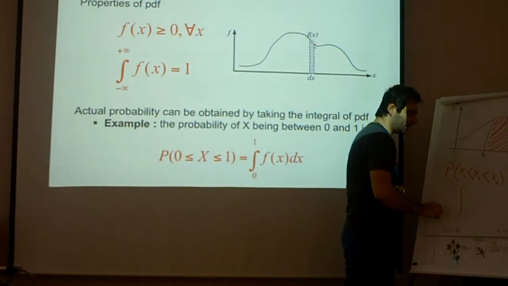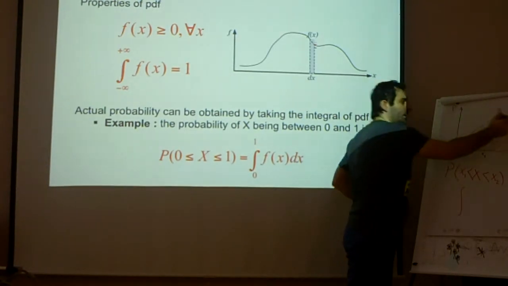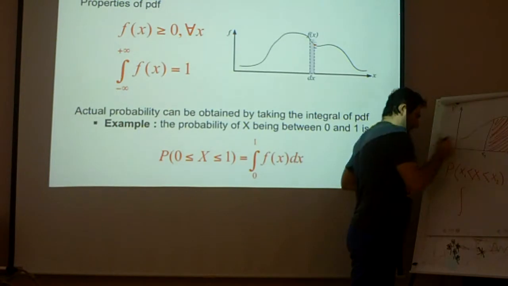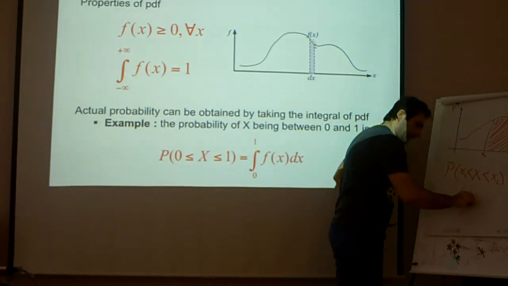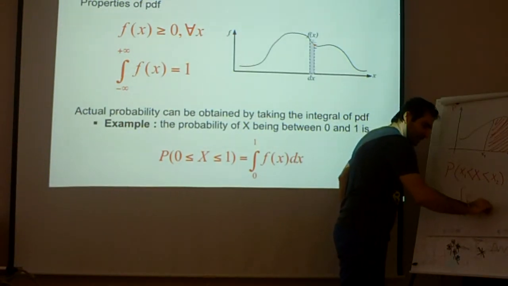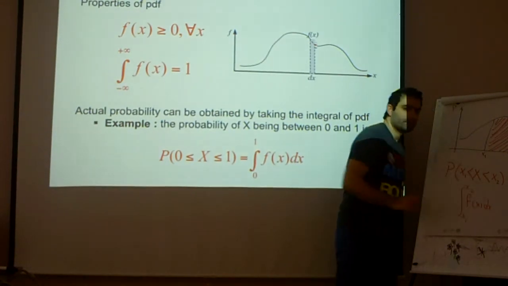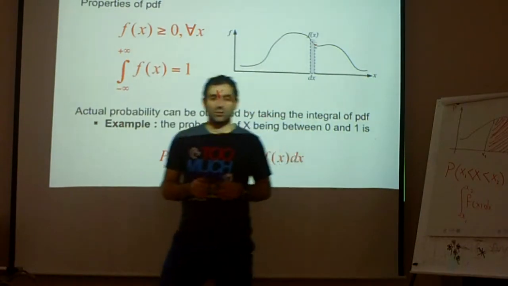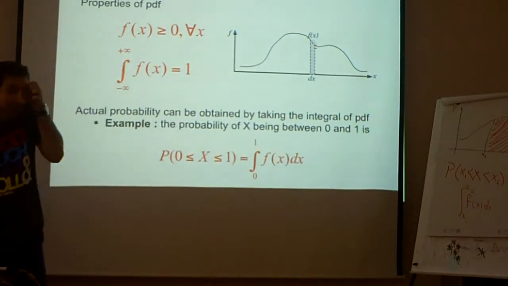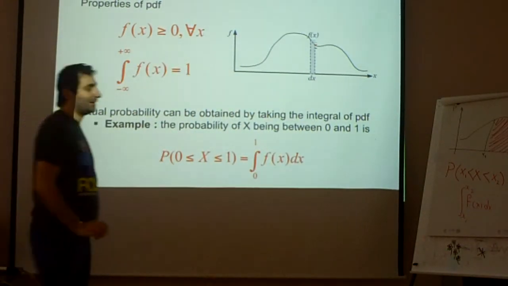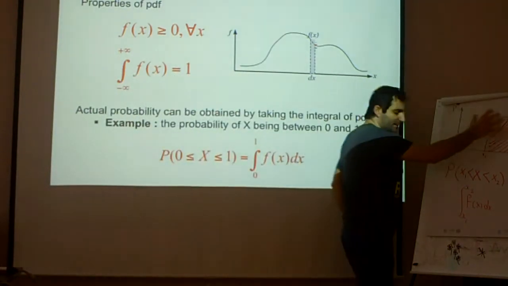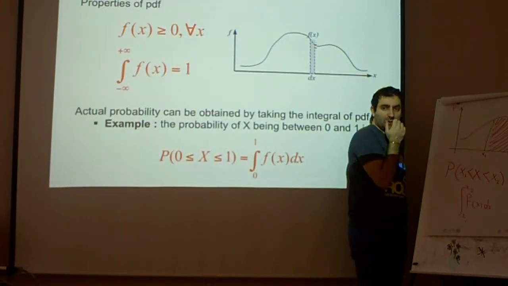It is the integral, and let's call this one f of x, dx from x1 till x2. This is what you may know from calculus. If you want to calculate the area under this graph, we need to take this integral.